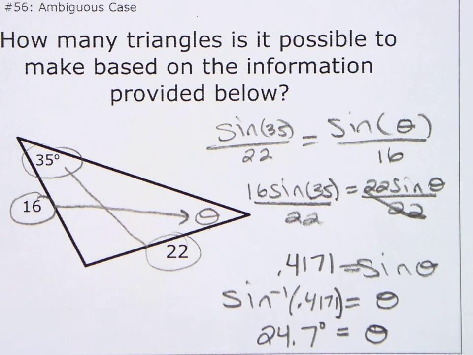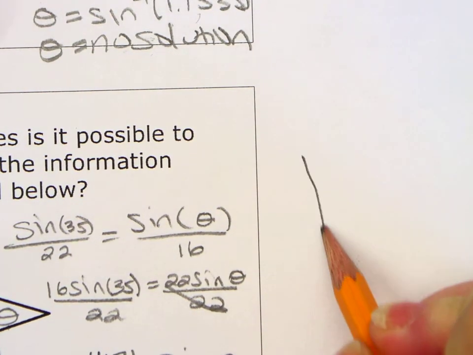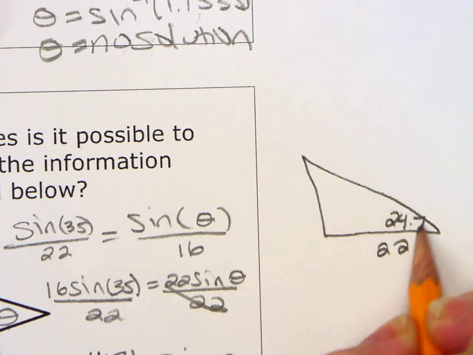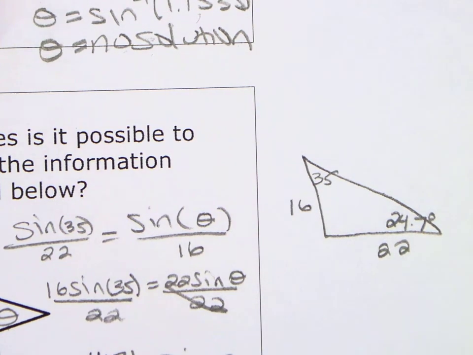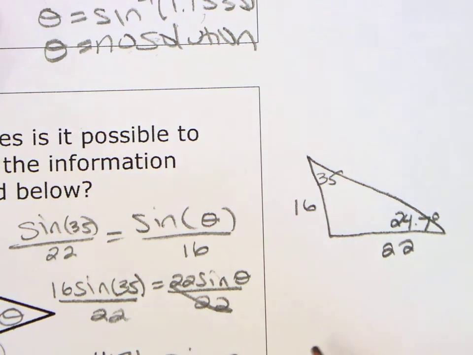We have at least one triangle. The question is, do we have a second triangle? So I'm going to draw my two triangles over here. So this is the one I just got. 22. We have our 24.7, which I just found. 35 and 16. The question is, is it possible to make an obtuse triangle?